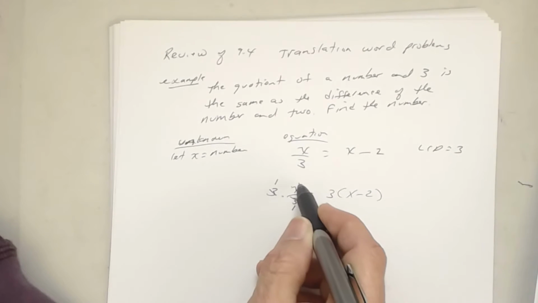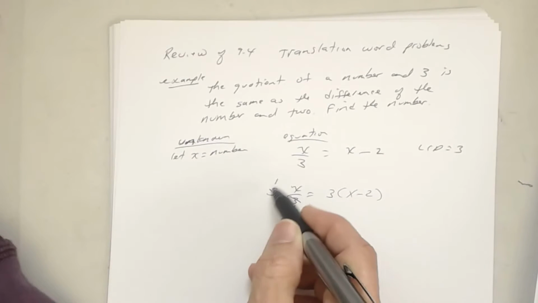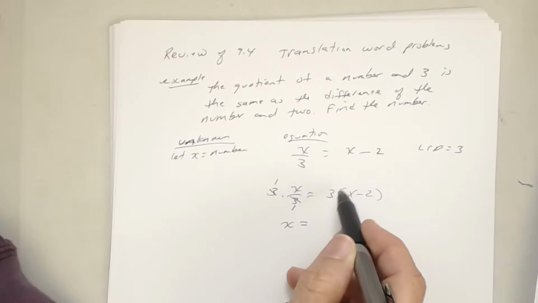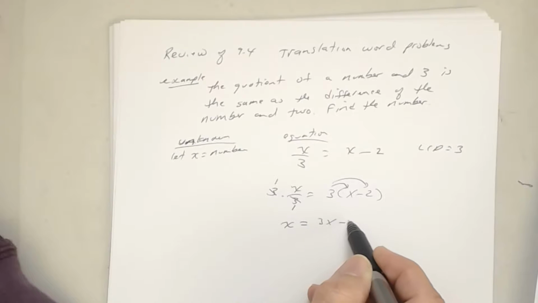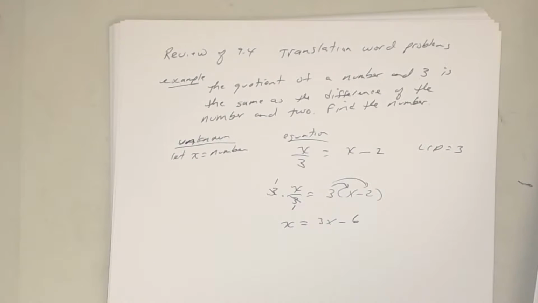So that is just 1x, or x, equals. Now how do I deal with this? Distribute. So that's 3x minus 6. All right, so I no longer have fractions to deal with. So what's the next step?